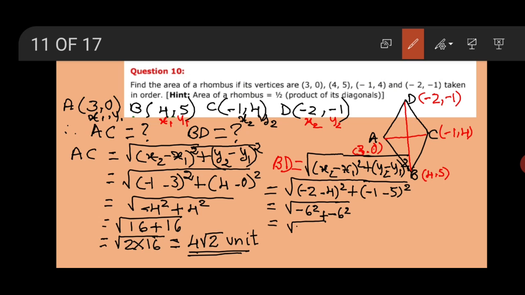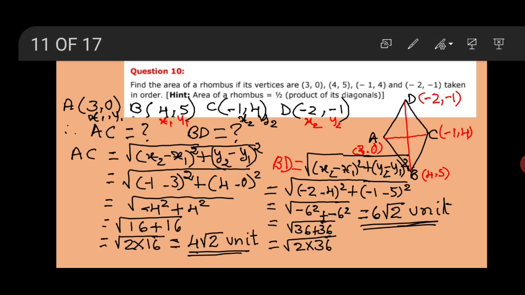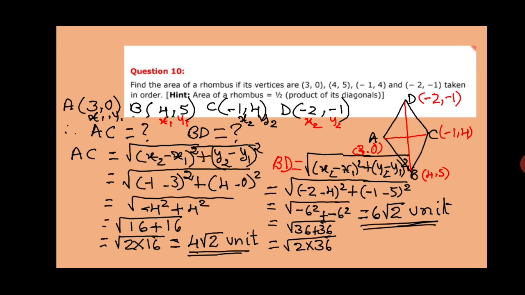Simplify. Square root of (minus 6) square plus (minus 6) square is equal to square root of 36 plus 36, the sum is equal to what? 2 times 36, 2 into 36. So simplify again. Square root of 36 is equal to 6. Root 2 is remaining. So 6 root 2 unit is the other diagonal.